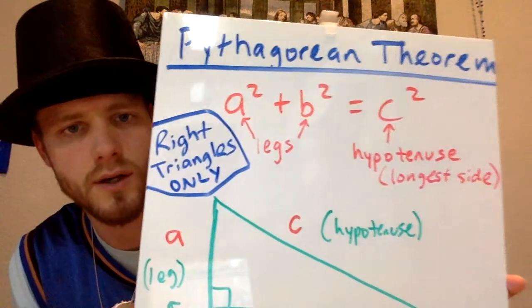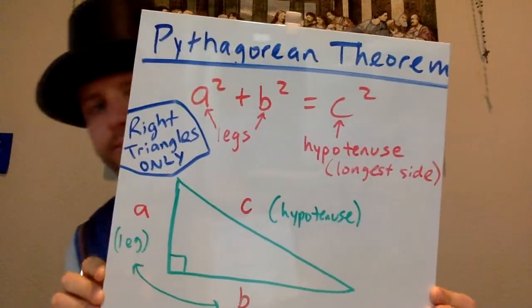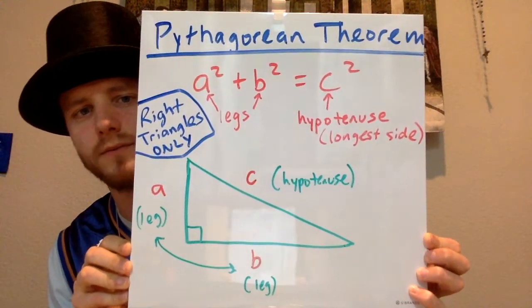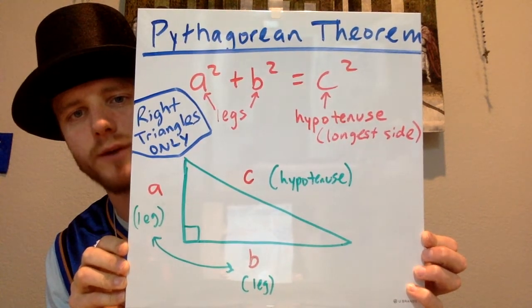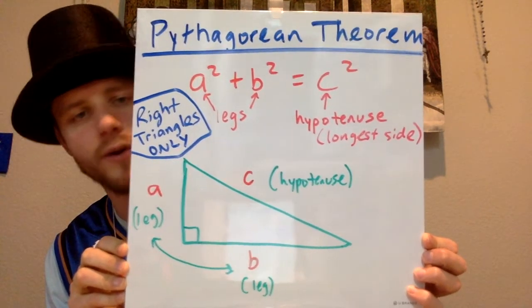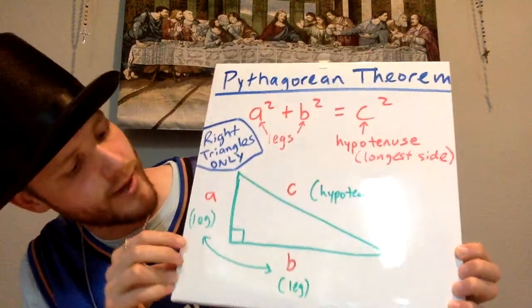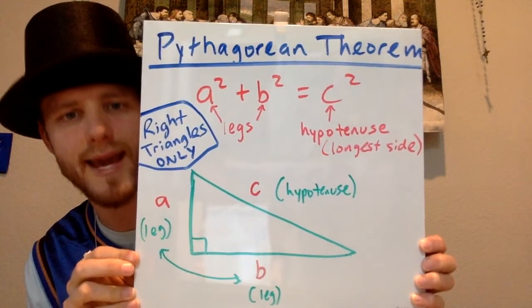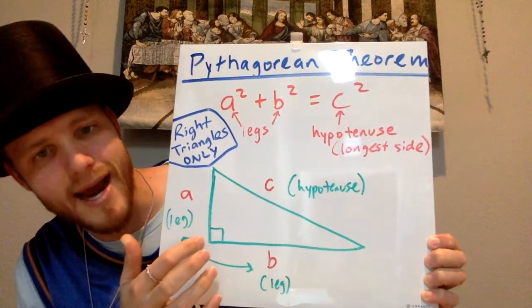Just the review. All right, so Pythagorean Theorem, we know, is right triangles only. There are our notes: a squared plus b squared equals c squared. We know we can only do Pythagorean Theorem in right triangles, hence the 90-degree angle right there. The a and b are your legs, the 2 shorter sides that are attached to that 90-degree angle.